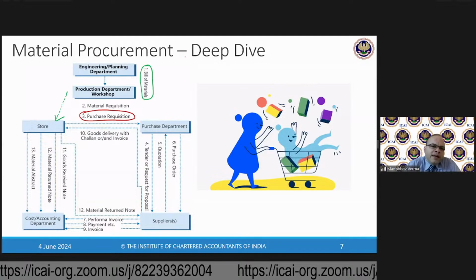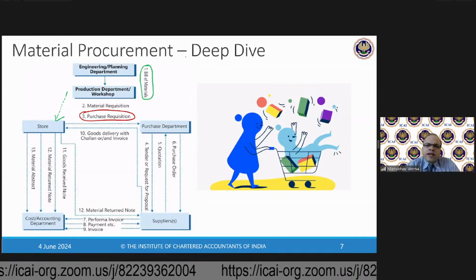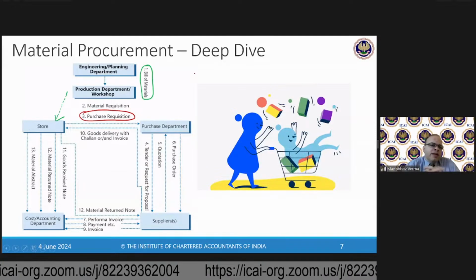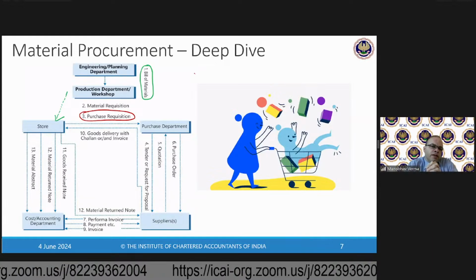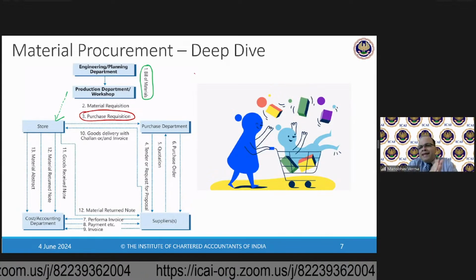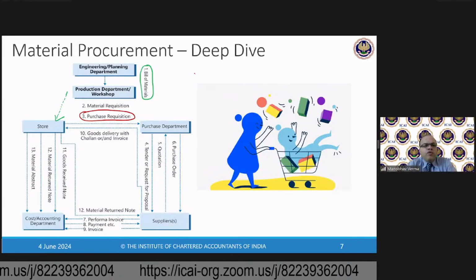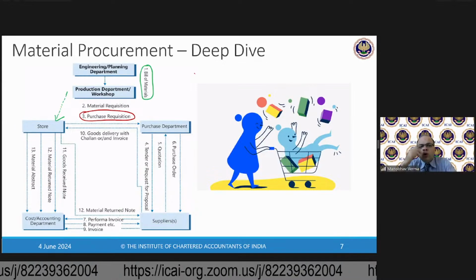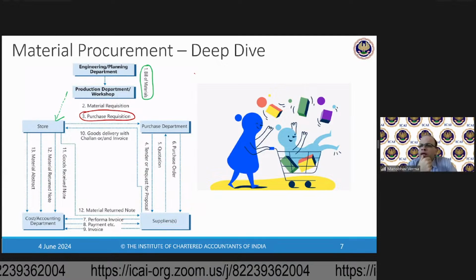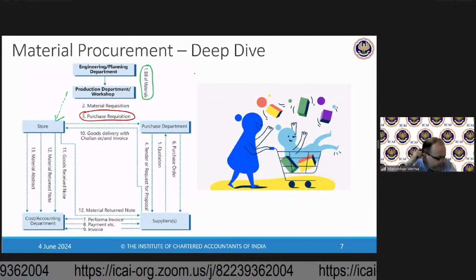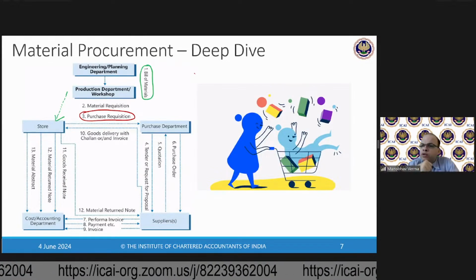Or is there a series of steps that is followed for them also? So let me ask you guys, what if someone in the purchase department always has a tendency to go for a particular vendor to order those materials? Is it okay? Is it not okay? Want to see your inputs on this?